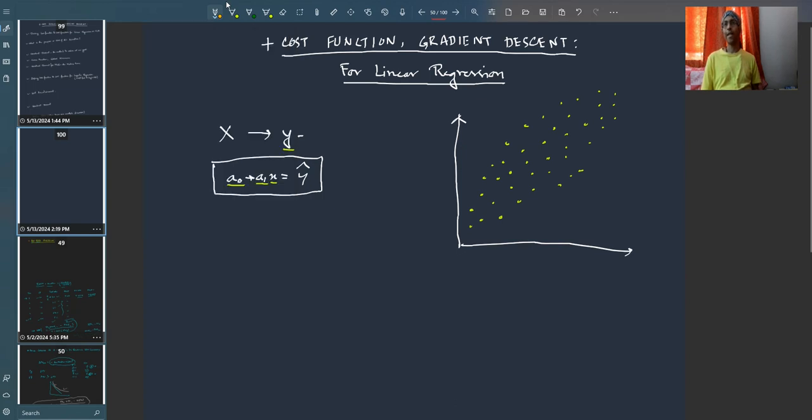Now we initialize a0 and a1, and the equation becomes something like this: a0 plus a1x is equal to y hat, and for every value of x we have a y hat, and by combining all those we get a regression line. Now because this a0 and a1 we have just guesstimated, it is obviously not the best fit line to begin with. Let's say in the beginning it looks something like this.